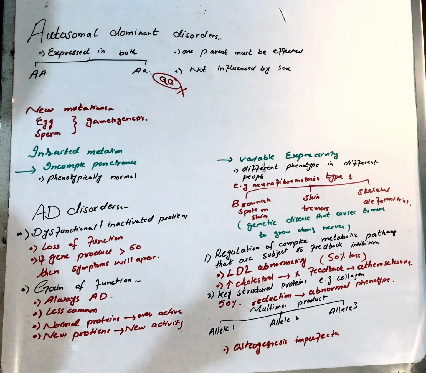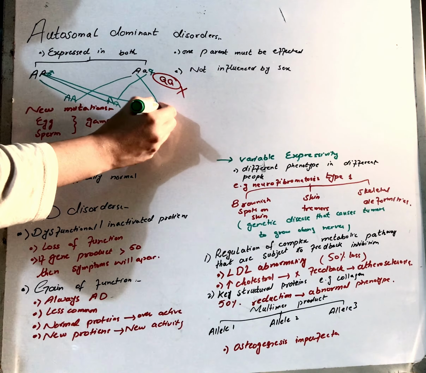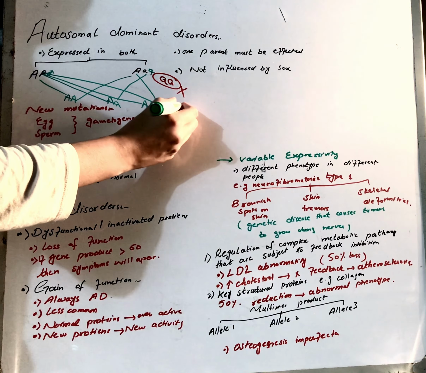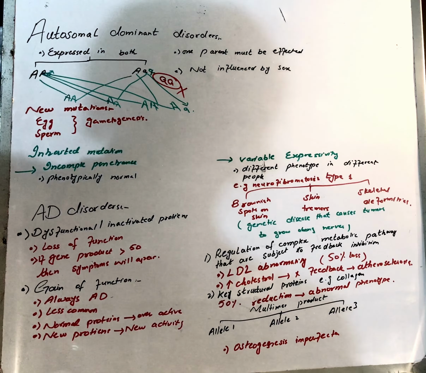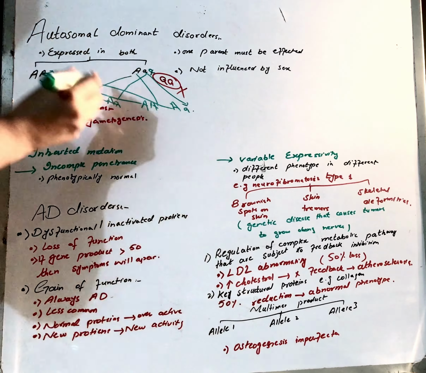So if one parent is affected, there is a 50% chance of children getting affected. 50% of the children will have that disorder if only one parent is affected.